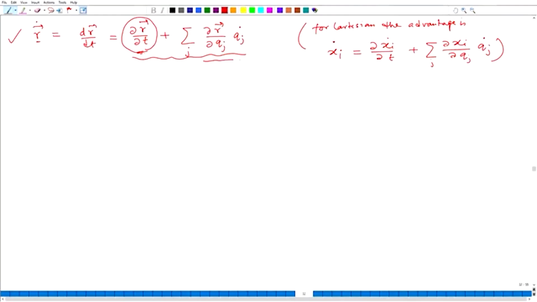The term which imports q dots in the expression of r dot is the one with qj dots, and that is why finally r dot is a function of qi, qi dot and t, where i runs from 1 to n.